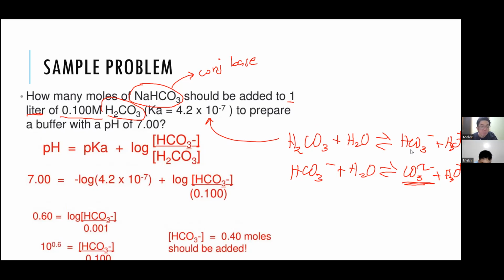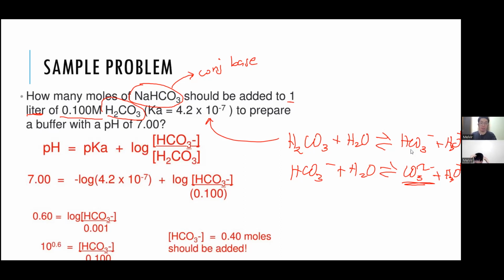Ano nga yan? Carbonic acid. Ay, isa lang siya dito.